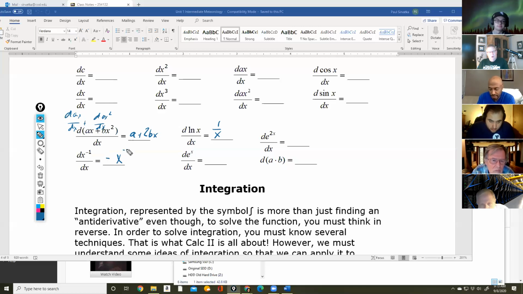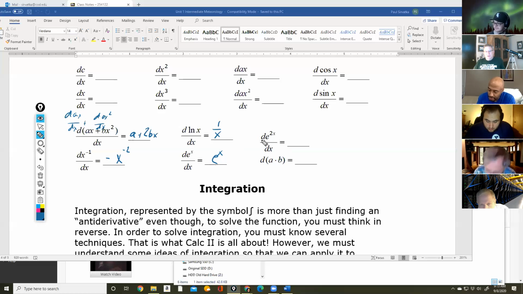Minus 1 times x to the minus 2, right? Same thing, because you lower this by 1 and bring it in front, negative 1. So what's the derivative of e to the x? E to the x. That's an easy one, right?